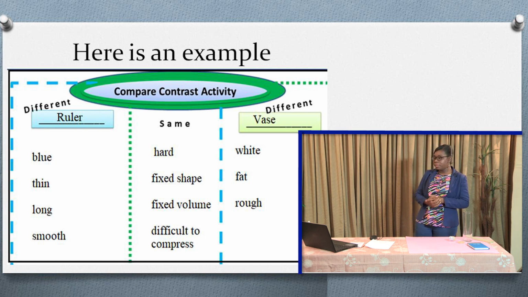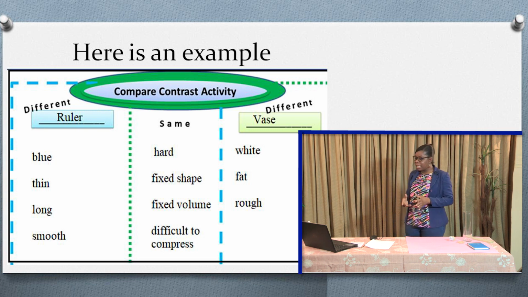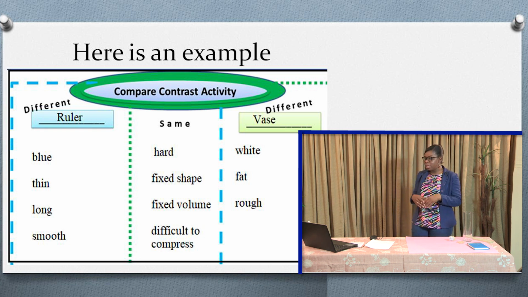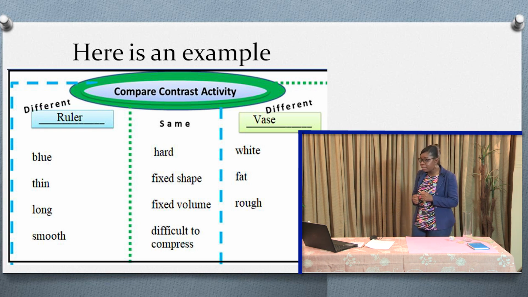In this example, I would have used a ruler and another vase. I found the ruler to be blue in color, thin, long, and smooth. I also found it to be hard, having a fixed shape, a fixed volume, and was difficult to compress.